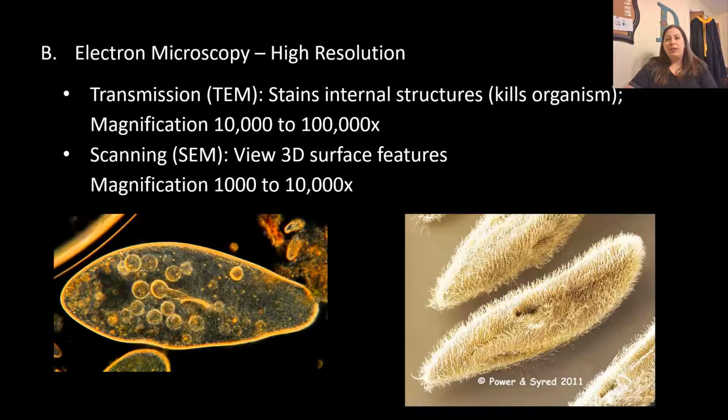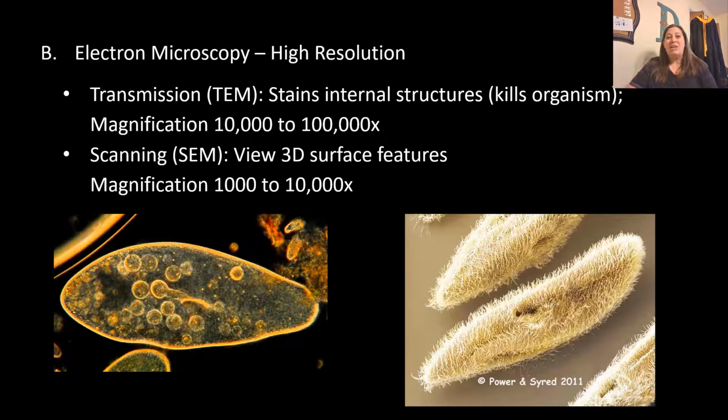For the electron microscopes, we see that they are very helpful because they give you very high resolution. We have two categories of electron microscopes, and one is the transmission, or the TEM. You've got to stain the internal structures so that they can be viewed through this type of electron microscope, so it kills the organism.